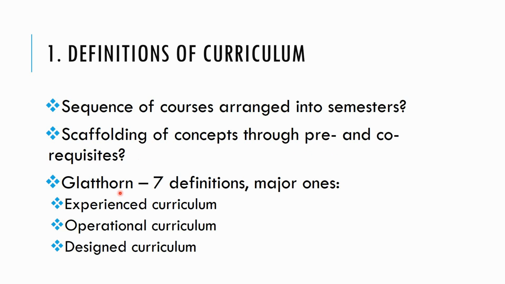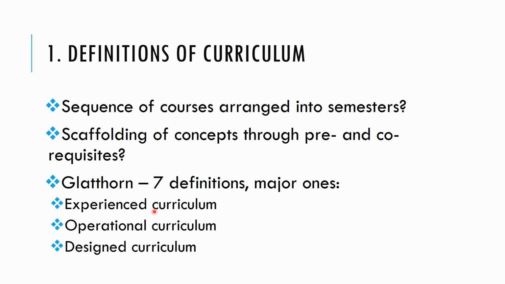On the other hand, in the literature you'll find there are as many as 7 definitions of the curriculum concept, and some of those major ones include that there is an experienced curriculum, which is the curriculum that students see and believe in.